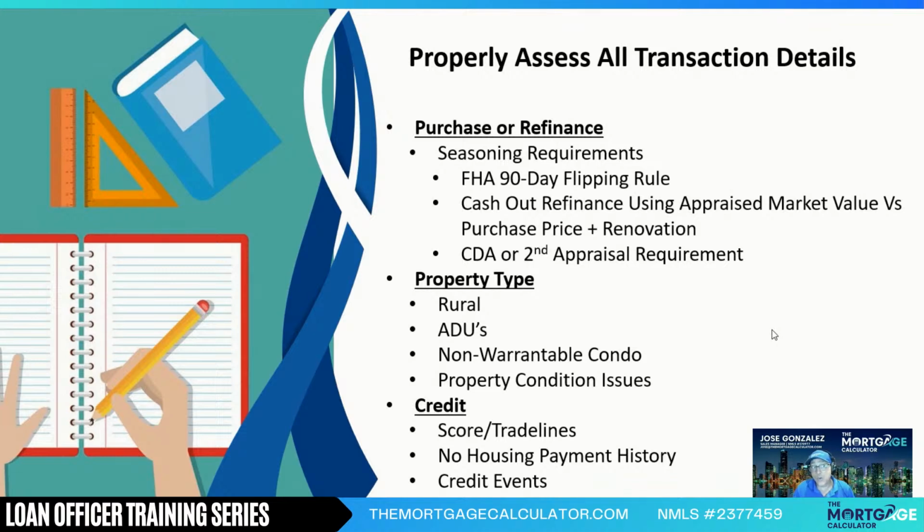Is it a non-warrantable condo, right? Does it have limited reserves? No, not enough reserves. Does it have too many renters? The renter owner ratio is too high. Those are factors that can easily be resolved either by a limited review condo or, depending on non-QM, different guidelines. We have guidelines on our non-QM for condos that do not ask for a condo questionnaire.